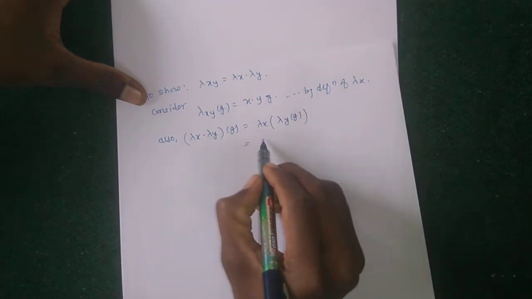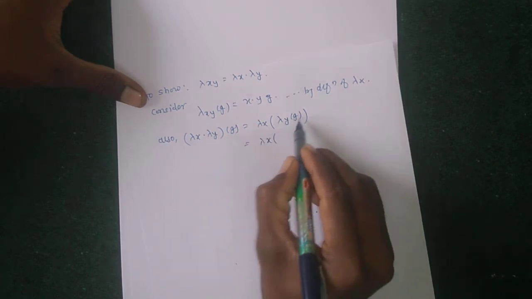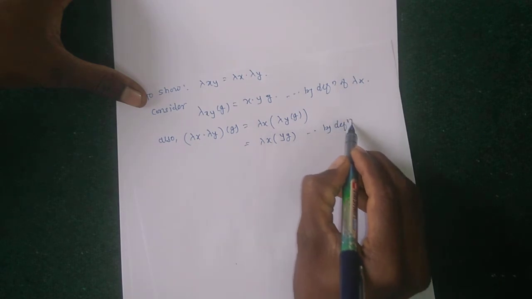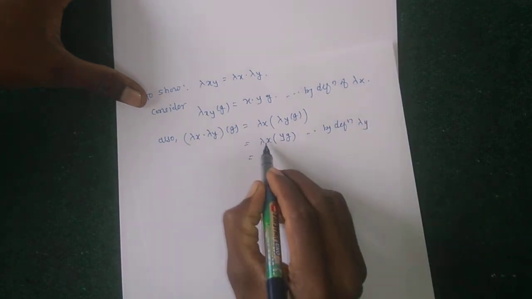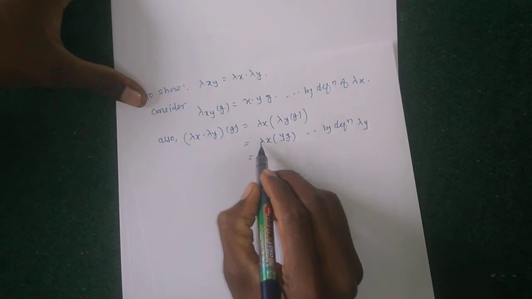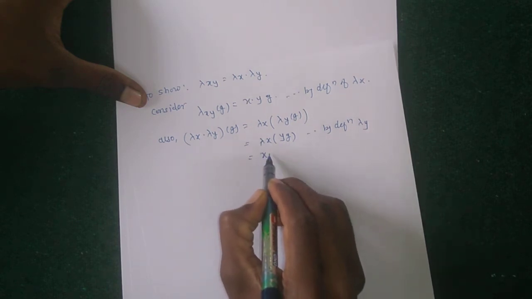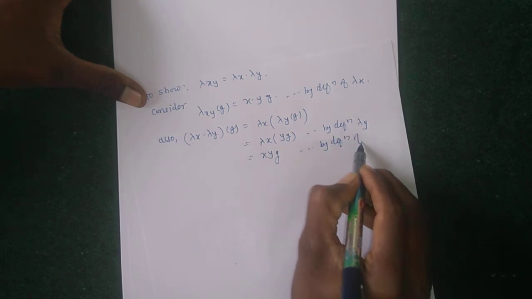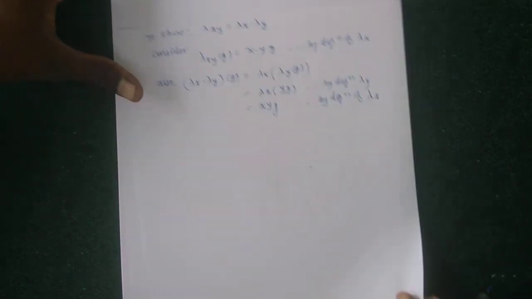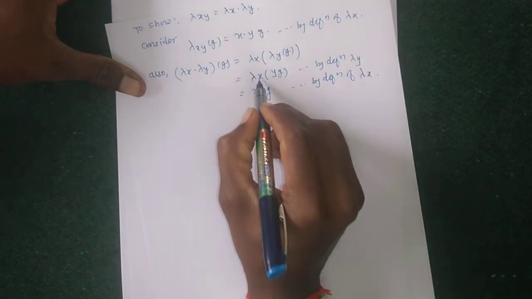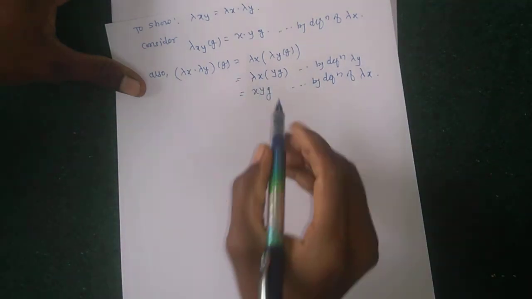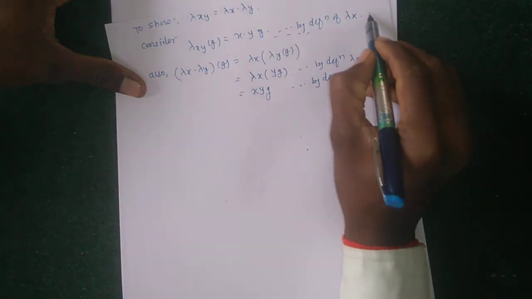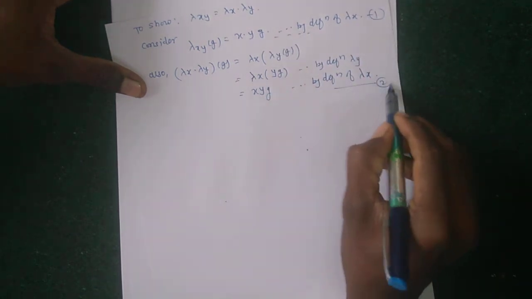Then the value of lambda y of g is yg by definition of lambda y, and again lambda x is applied on this element, then the value is xyg by definition of lambda x. Suppose this is equation number 1 and this is equation number 2.